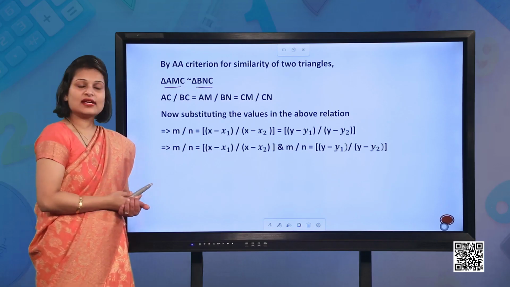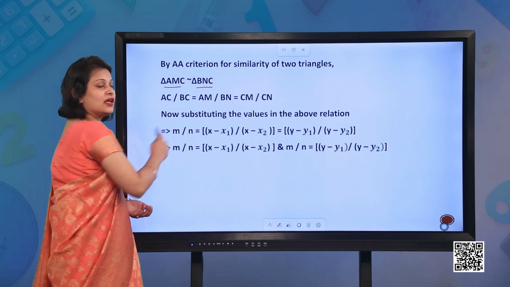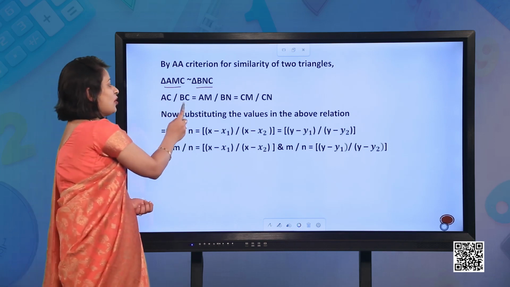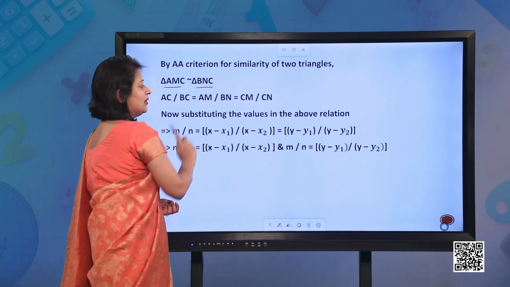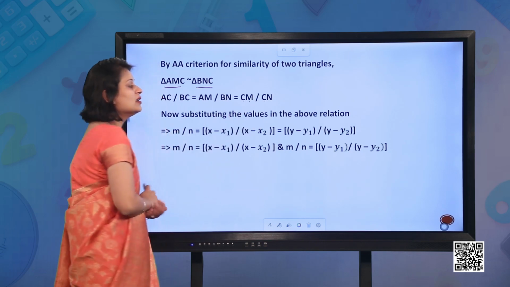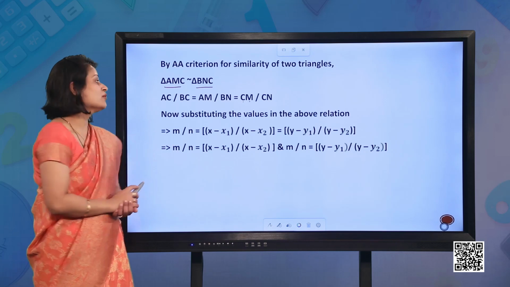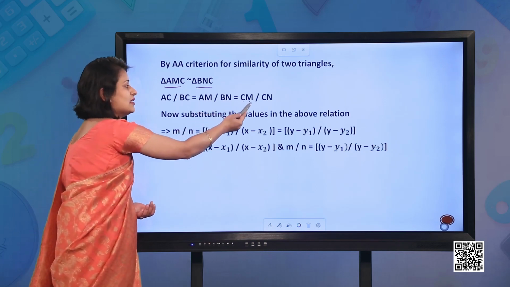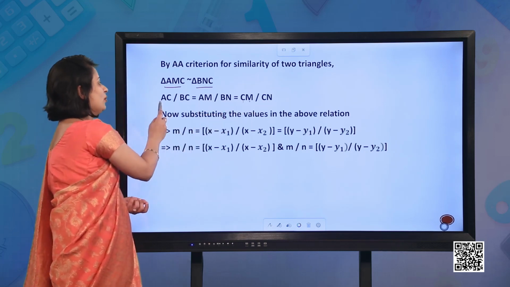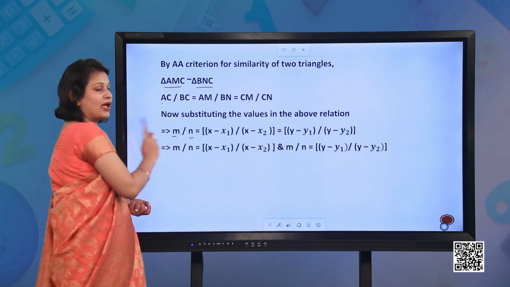Now, if the triangles are similar, we can write the sides in the ratio as AC upon BC, AM upon BN and CM upon CN. Now we have the values with us. Simply substitute the values of AM, BN, CM, CN, and you know AC upon BC is m:n.